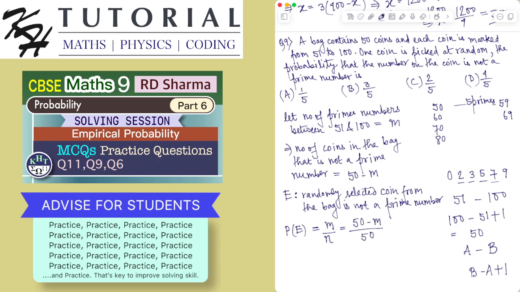Now this small m is the number of prime numbers between 51 and 100 which you have to find out. Because I don't know what m is, I don't know what the answer will be.